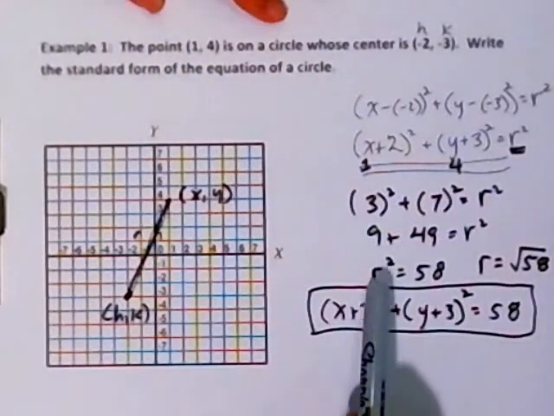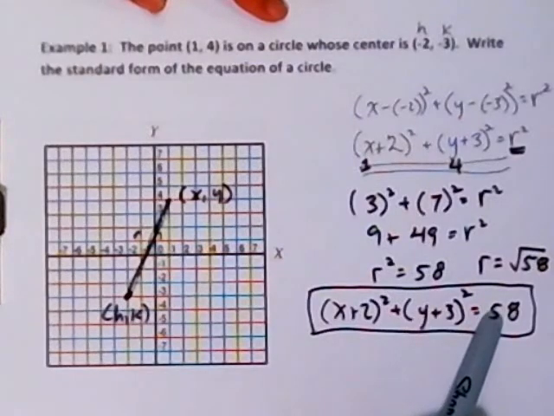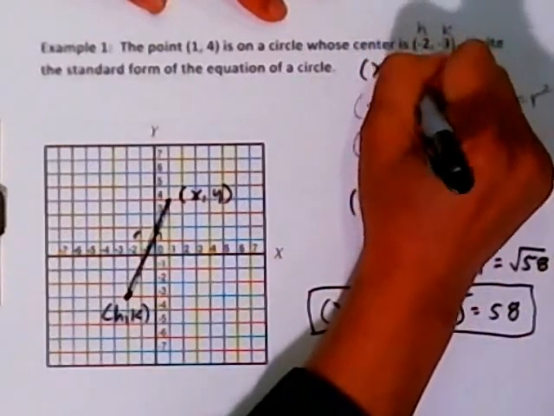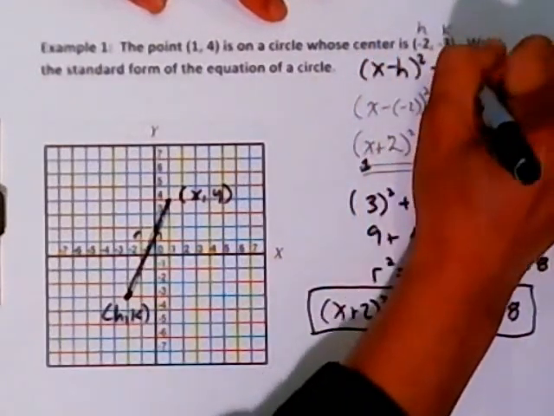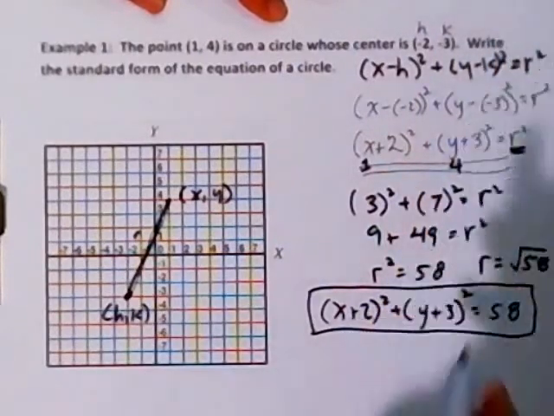Make sure once you solve for r squared, which is 58, we just plug it into the equation. The standard form again is x minus h squared plus y minus k squared is equal to r squared.